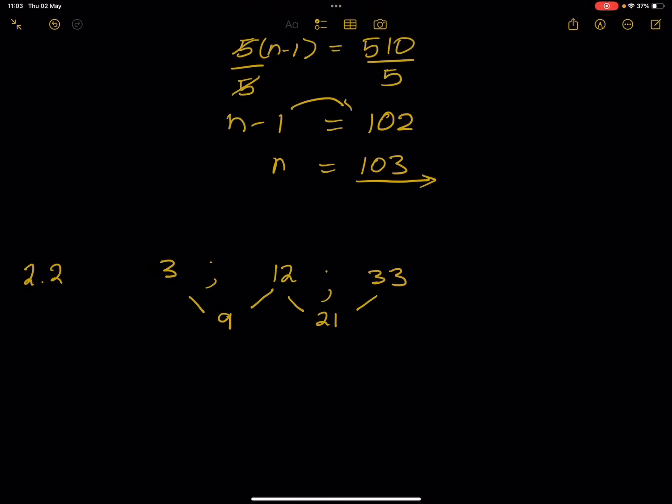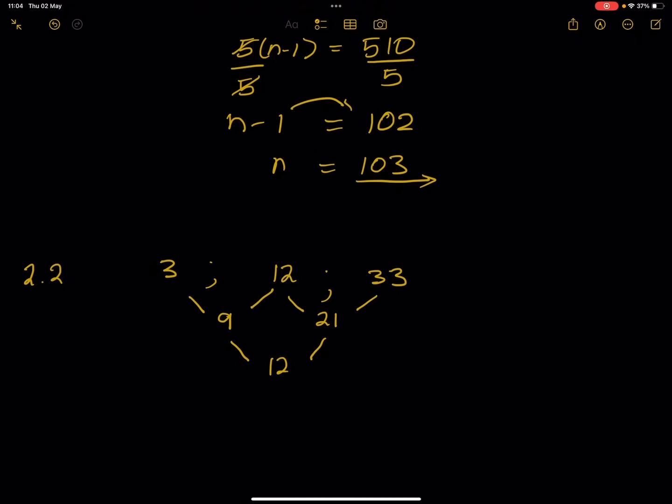So we've got term 1, term 2, and term 3. What would be our second difference in this case? Remember that the second difference is always common. So we're going to say 21 minus 9, which gives us 12.